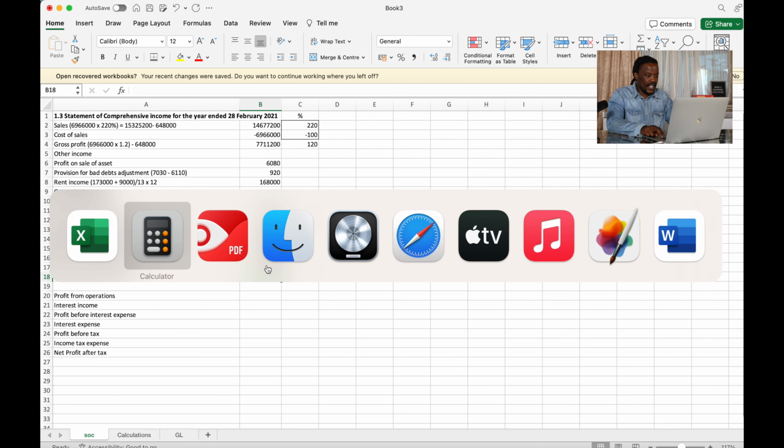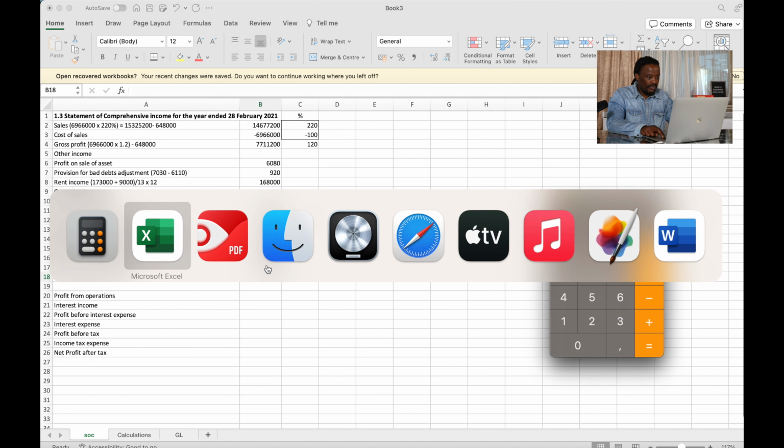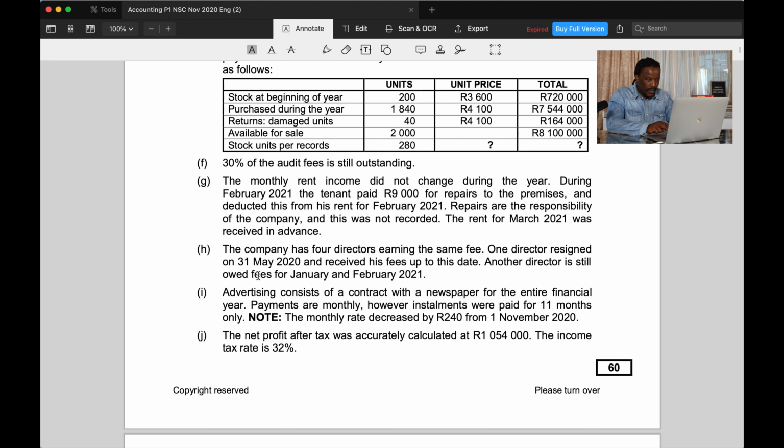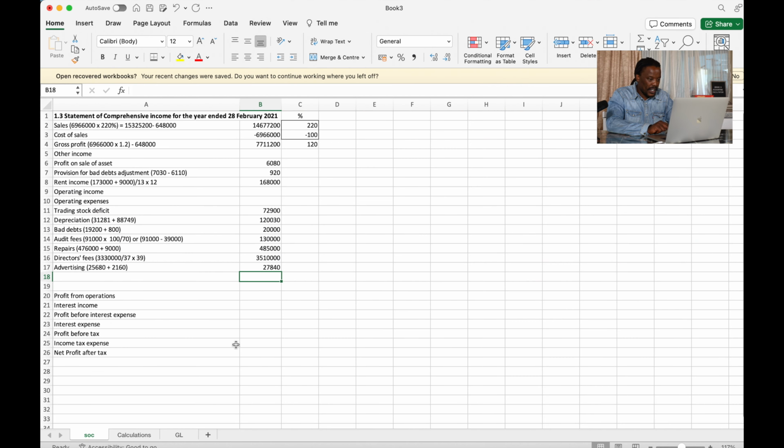We happy with advertising? We carry on. The net profit after tax was accurately calculated at 1,054,000, and it's given. It's the free mark, given mark.